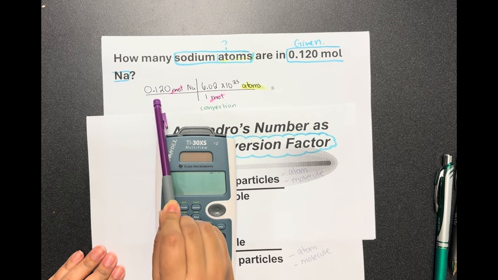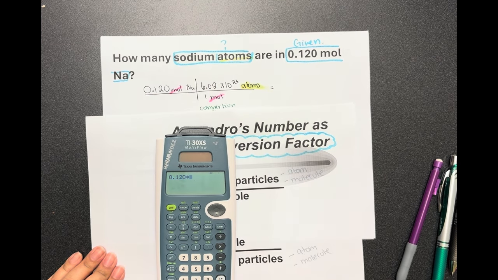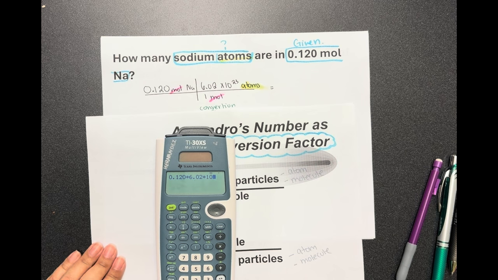I'm going to start by putting what the question gives me. Let's do 0.120 times Avogadro's number, 6.02 times 10 to the 23. Remember that depending on your calculator, you're going to put exponents differently.